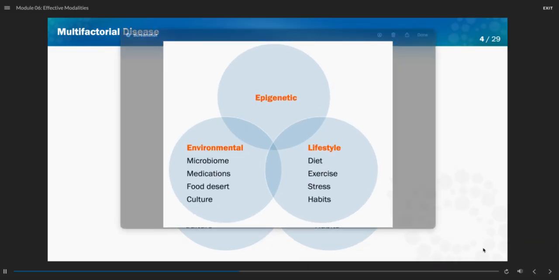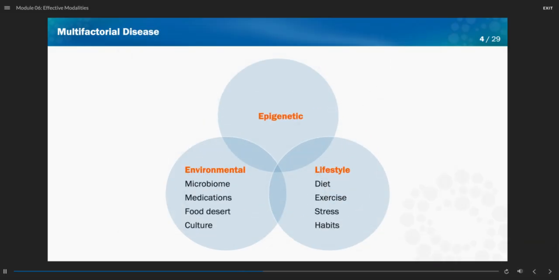In the environmental component, it's very important to recognize that there's multimodal impacts from the lifestyle choices on our microbiome, medications that might be utilized for the treatment of other conditions, food deserts where processed food is the predominant caloric intake, and the culture in which we live are also environmental impacts that lead to a greater susceptibility of developing insulin resistance.